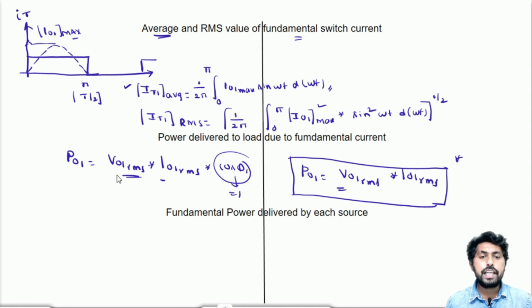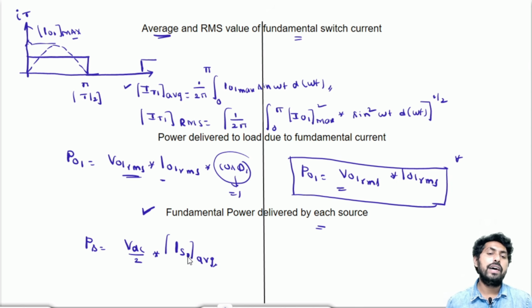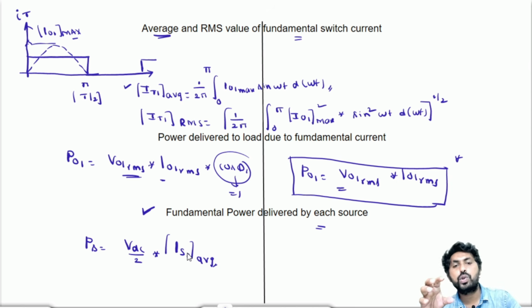Now let us find the fundamental power delivered by each source. If we find it for one source and multiply by 2, we get the total power. So the fundamental power delivered by each source, let me call it PS, the source power, equals VDC by 2, one source, into IS1 average value, the fundamental source current average value.